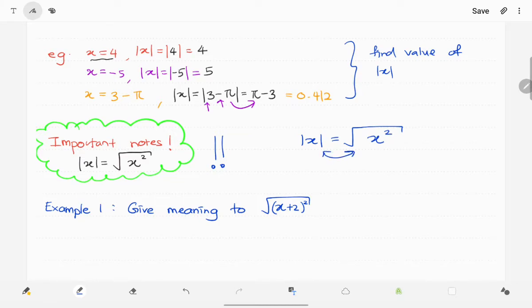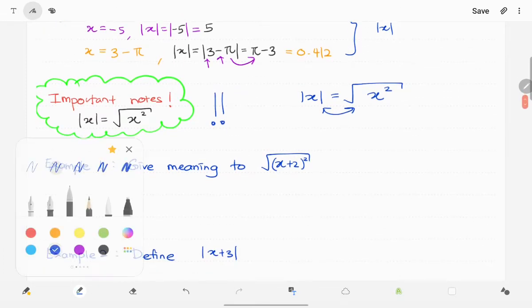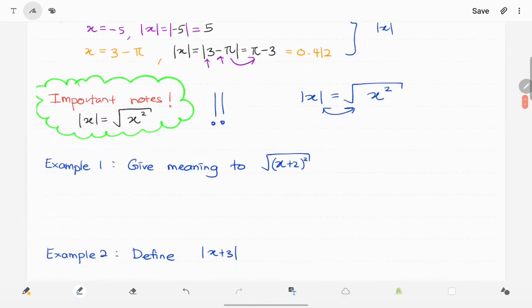Okay, for example, we look at the example here. Example 1: give meaning to modulus of (x plus 2) squared. So we write back modulus of (x plus 2) squared is equal to x plus 2.